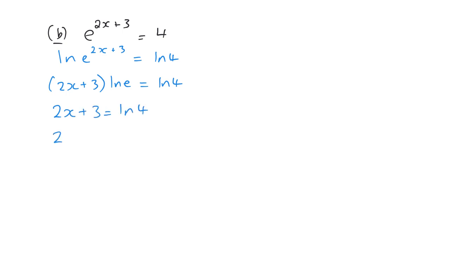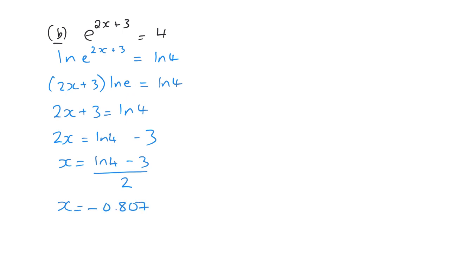Bring the plus 3 across and it becomes a minus 3. And then we would divide the whole thing by 2. This is how you would leave it if it was an exact value. If it was asking for 3 significant figures, you would put it into your calculator and you get minus 0.807.